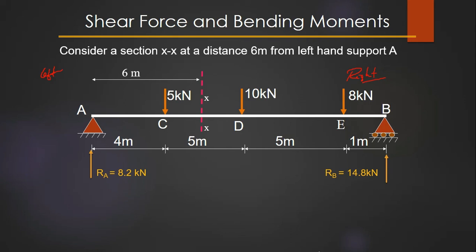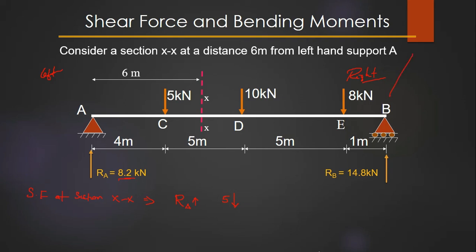Okay, so now shear force at section XX is equal to, what is that? Algebraic sum of all the forces on the left hand side. So let me just remind you, what are the forces on the left hand side? RA acting upward and 5 kilonewton acting downward. You know what is RA, right? 8.2. So which has to be taken positive, which has to be taken negative?